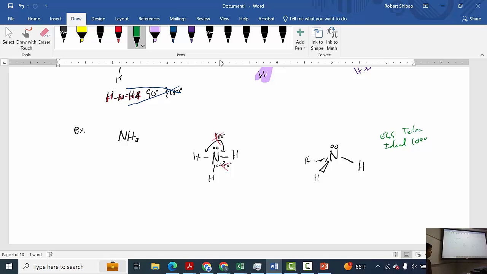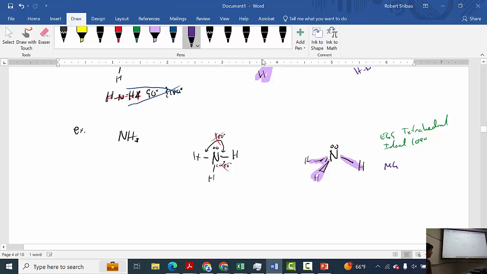All right, when we have the ideal angle, we treat all four groups the same. And so the ideal angle here is going to be 109 degrees, and that's based on the EGG. The EGG is tetrahedral. If we assume they're all the same, then that's what we get, but they aren't all the same. In fact, a lone pair is going to take up more space than a bonding pair.